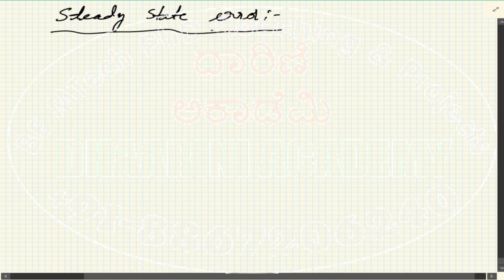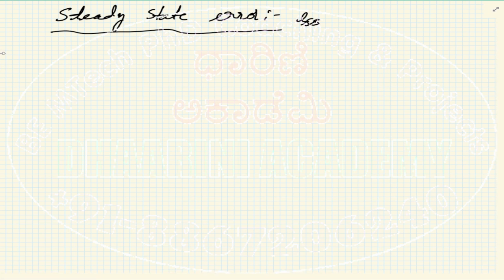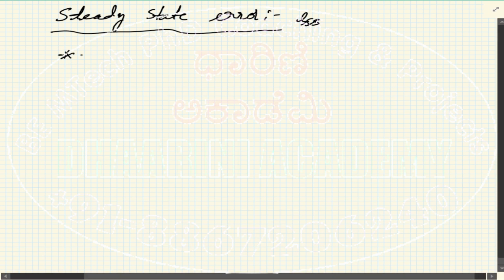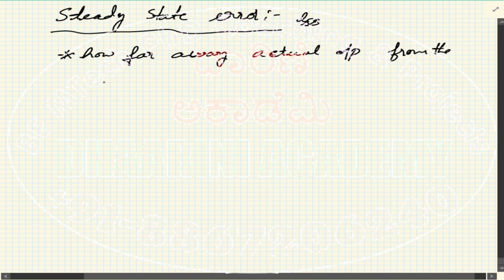The steady state error is denoted by ESS, E for error, SS for steady state. This denotes how far away the actual output is from the desired.